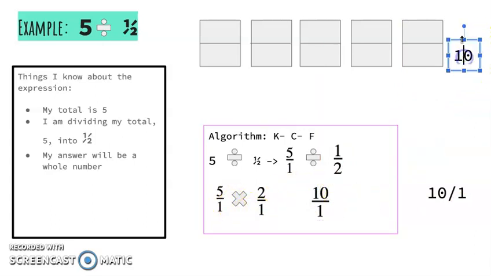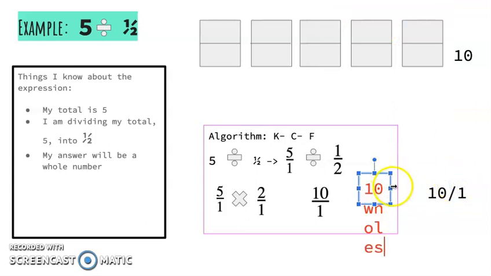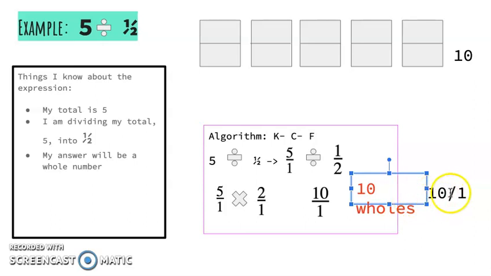But I know that any number over 1 is the same thing as a whole number. So my answer is 10. 10 wholes. Alrighty, I'm going to delete this.